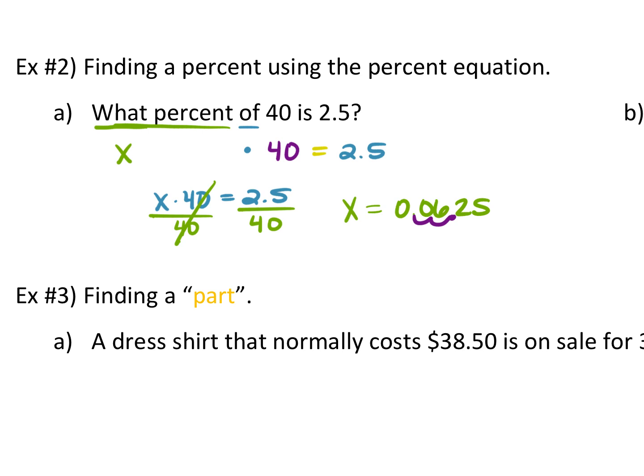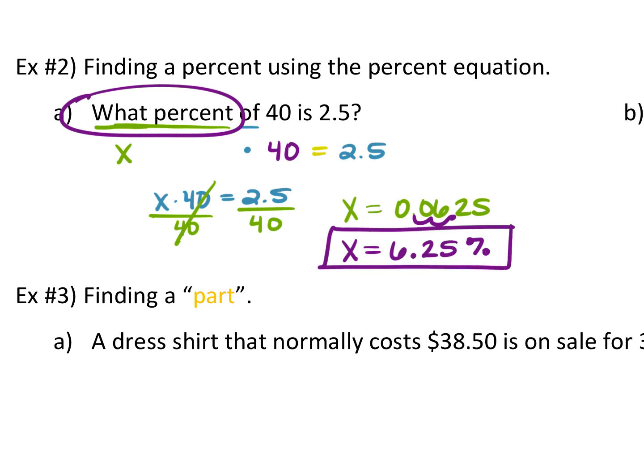We multiply by 100. So this is going to be x equals 6.25, and it was what percent? 6.25%. Okay, so 2.5 is 6.25% of 40, which makes sense to me.